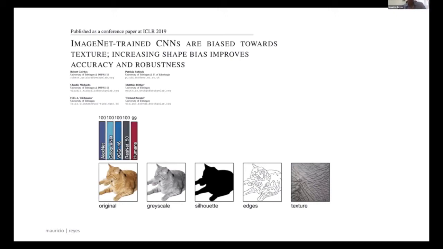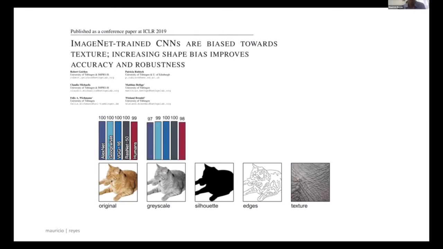Here, no problem. All top-notch systems. You see AlexNet, Google, VGG, all very popular architectures in deep learning, no problem. Humans, 99%, maybe someone says, well, I see a carpet, or I don't know, but there is no problem classifying that image. What happens when we remove color?